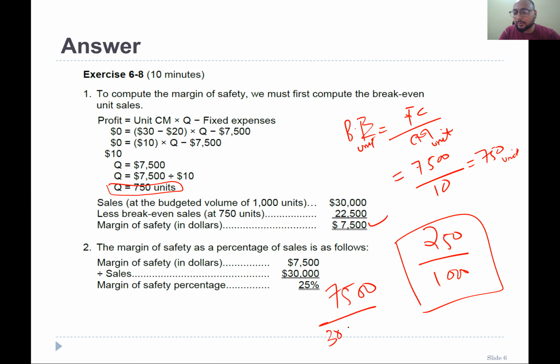Sales are 30,000: 1,000 units multiplied by 30, the price. The answer will leave you 25%, both. Ayana, Camila, Sunho, Minsu, understand? Yes, sir. Good.